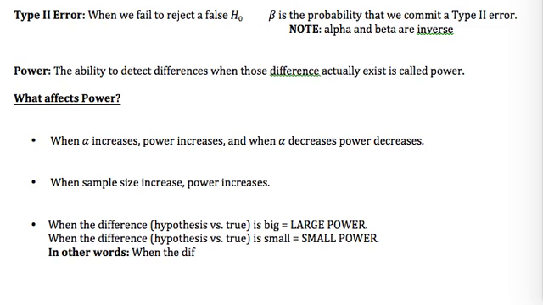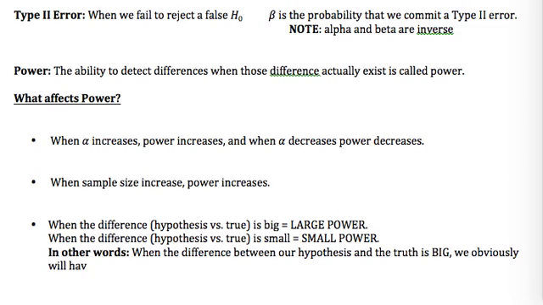I said when the difference between our hypothesis and the truth is big, we obviously will have a greater chance of detecting that difference. So that's just kind of a rephrase of what we just said, if it helps you.